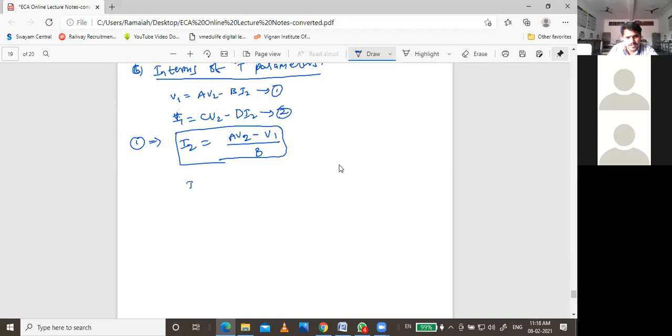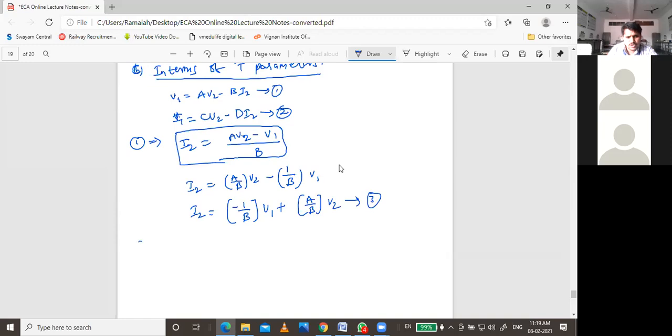I2 equal to A by B into V2 minus 1 by B into V1. So I2 equals minus 1 by B into V1 plus A by B into V2, which is equation number 3. See, I2 equal to Y21 V1 plus Y22 V2. So we have represented this equation.